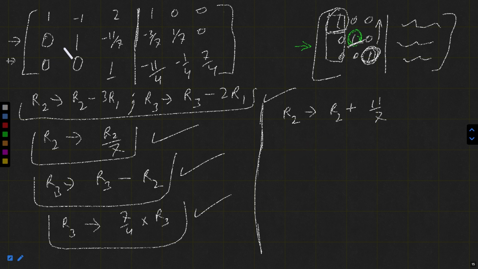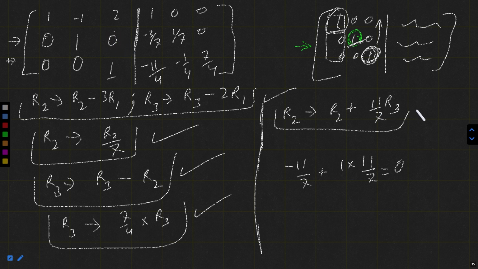This will go to 1, and this will be 11 by 7 plus 1 multiply with R3. Okay, 11 by 7. Now you will have 0. As you can see, R2 will be R2 plus 11 by 7 R3. This means it will be 0.